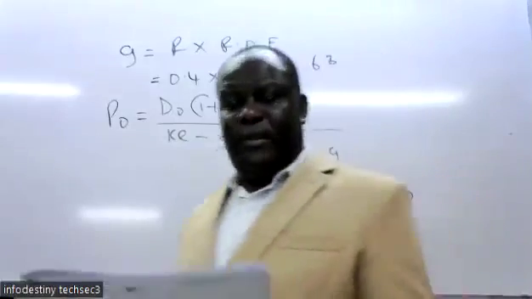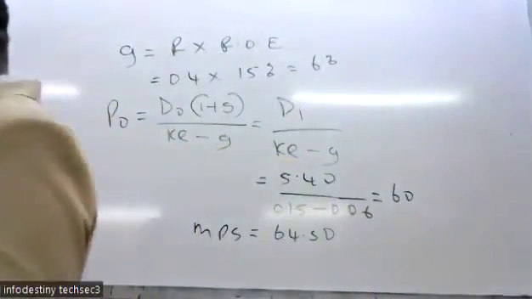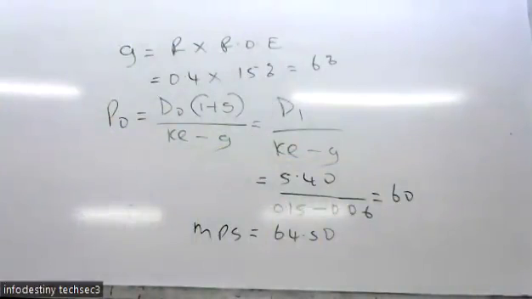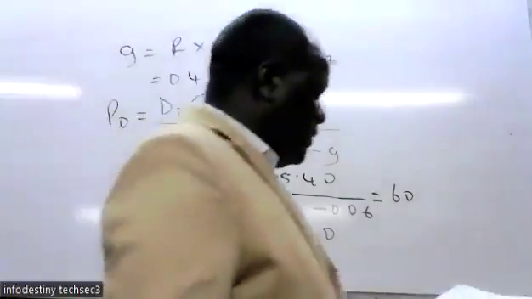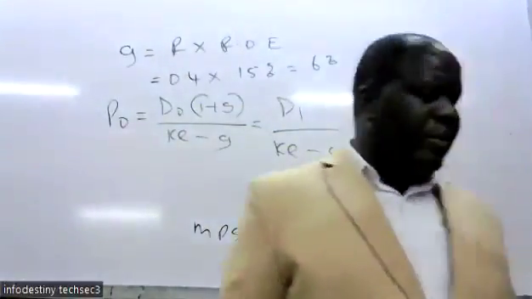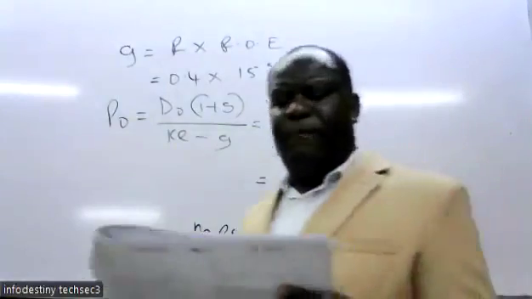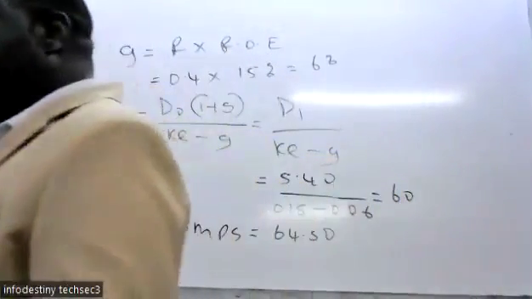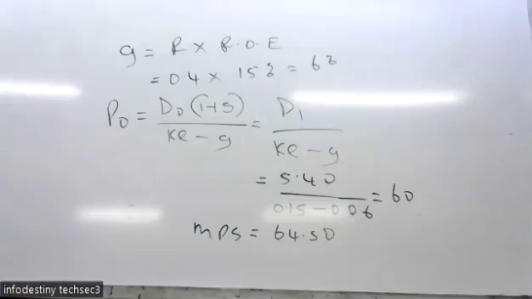At the Securities Exchange, the investors' required rate of return is 20%. So required, they want you to advise the investor on whether to buy the shares of Maraba Limited using which model? The Gordon's valuation model, using the Gordon model.